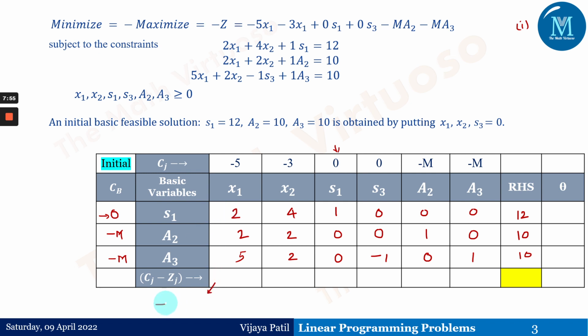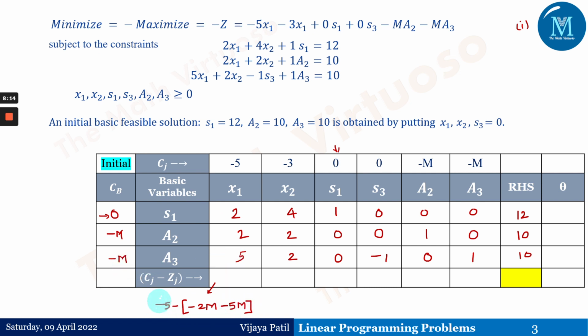We have minus 5 here, that is Cj is minus 5 for this particular column, minus the multiplication of 0 into 2 plus 0, minus M into 2, that is minus 2M, minus M into 5, that is minus 5M.